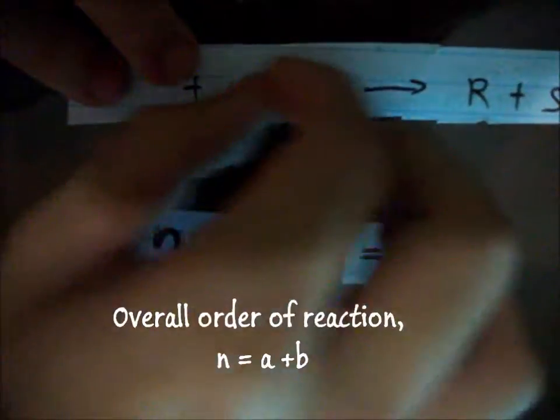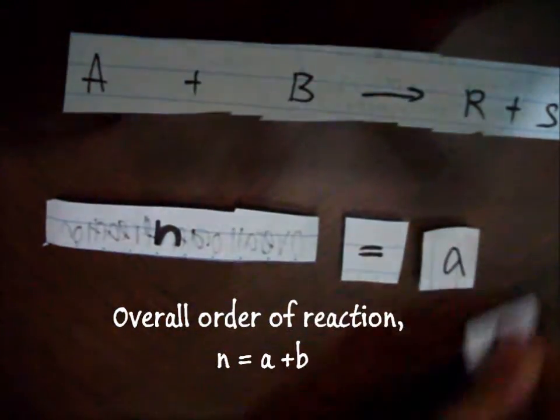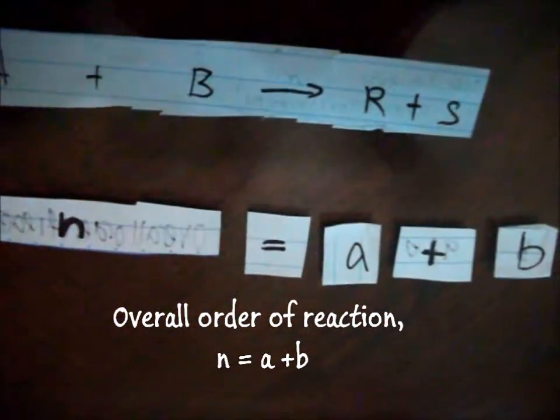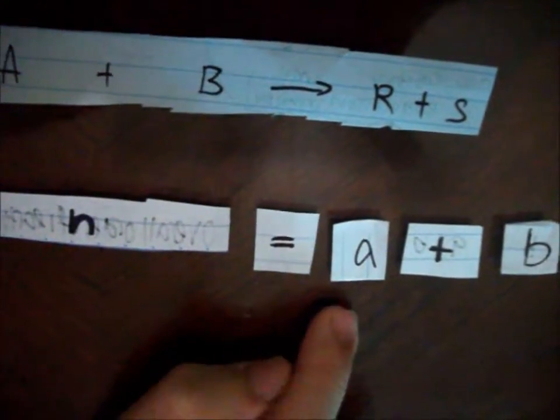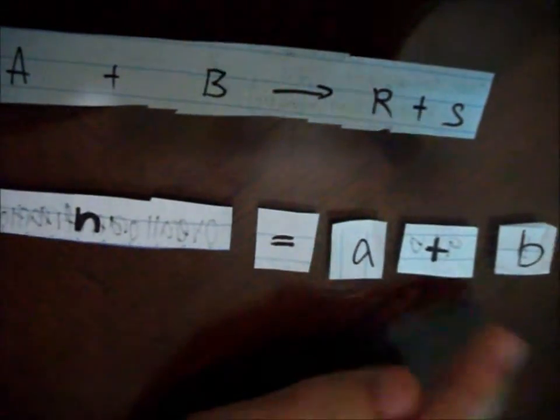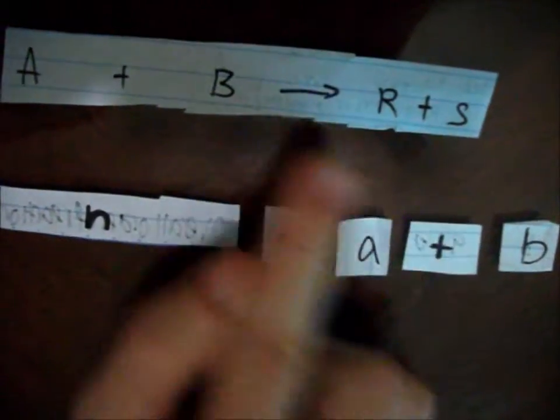The overall order of reaction, denoted by n, is equivalent to a plus b. So the overall order of reaction is the sum of the order with respect to A and the order with respect to B.